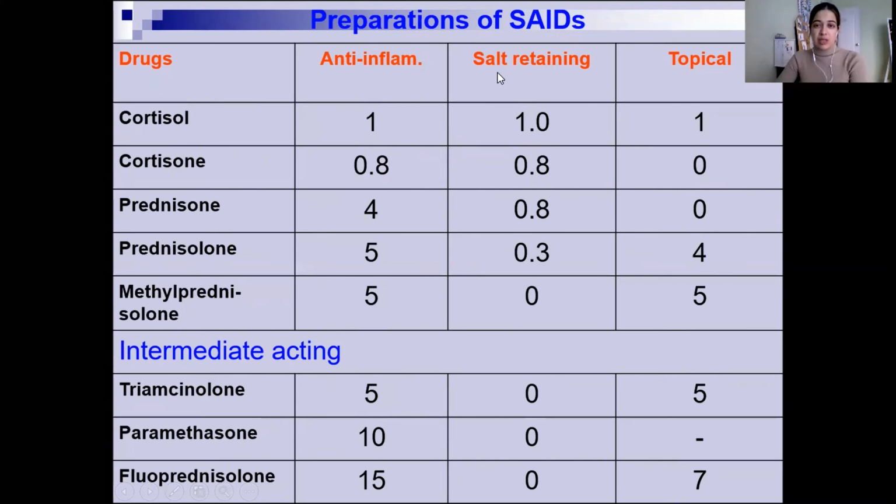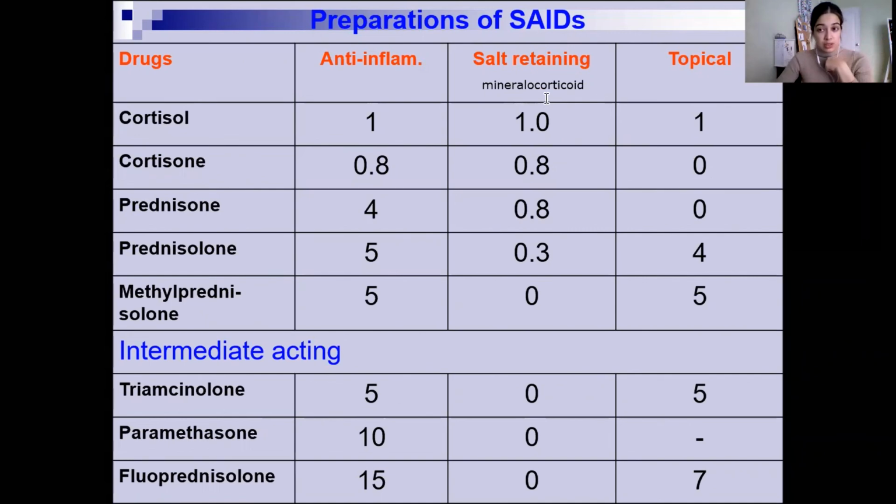Salt retaining, what does it mean? It means the mineralocorticoid effect, because in the cortical part of the adrenal gland we have not only glucocorticoids but also mineralocorticoids. Glucocorticoids also give us mineralocorticoid action, not only anti-inflammatory: keeping the sodium inside the body, which means keeping more water inside the body.